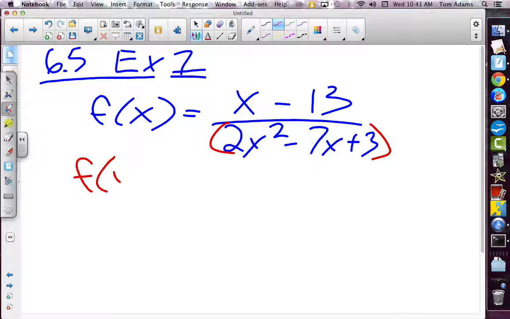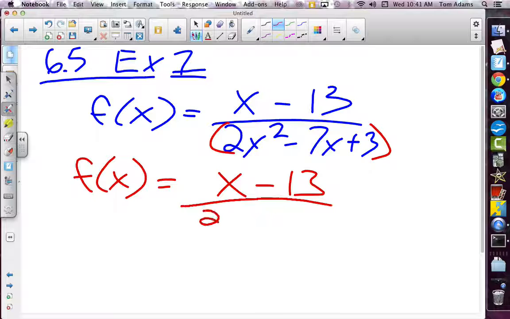For time's sake, I'm not going to go through it; you should know how to factor by now. If I factor this, I'll get 2x minus 1 times x minus 3. If you want to later on, you can multiply it out, but that's the prime factorization of 2x squared minus 7x plus 3.